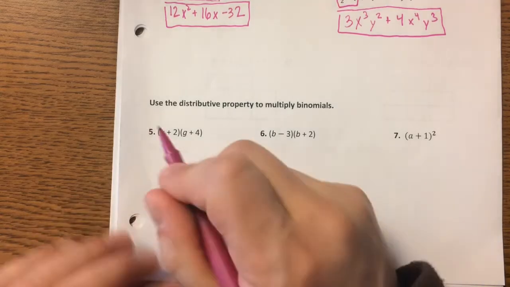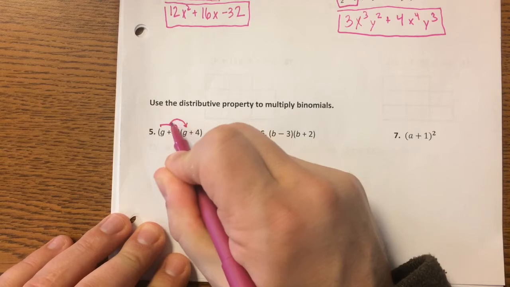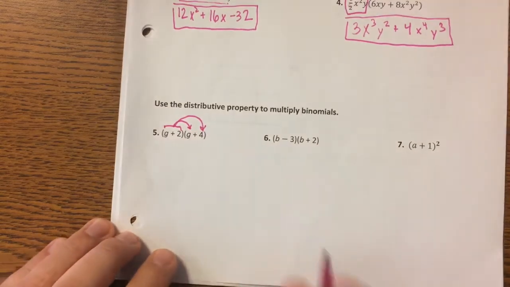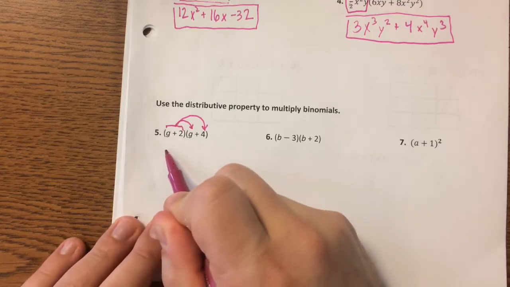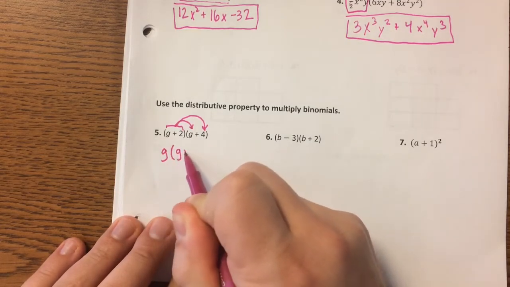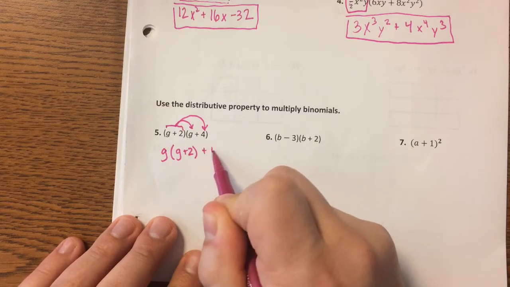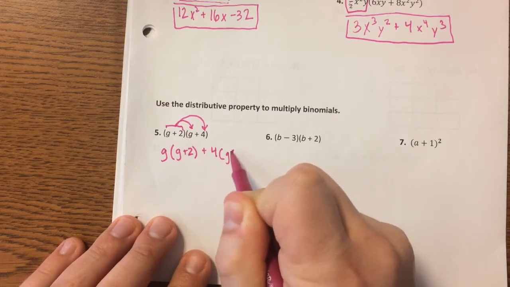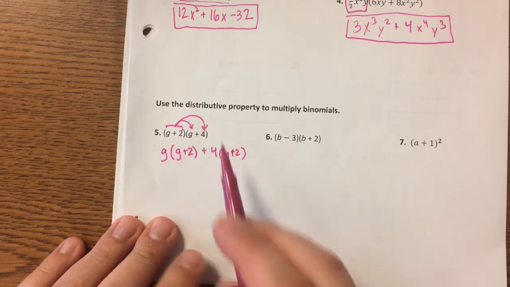So in other words, we're going to take this g plus 2 and distribute it to both g and 4. Now, the way that works out is we've got g times g plus 2 plus 4 times g plus 2. Notice we're multiplying this g plus 2 by both of these terms.